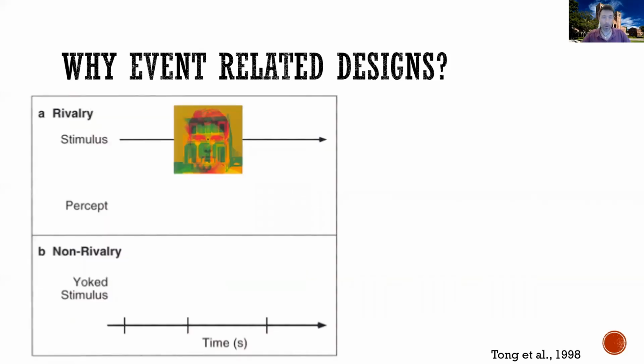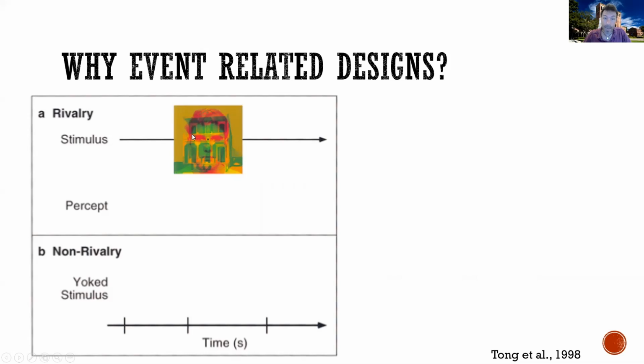Now, another example of a similar circumstance is this beautiful and very clever example by Frank Tong. He was interested in perception. And one way of studying perception is to show an ambiguous stimulus, such as this one, which triggers a rivalry between two images.